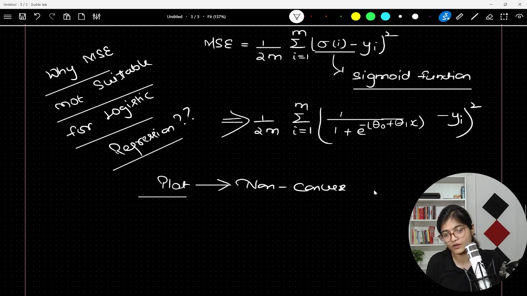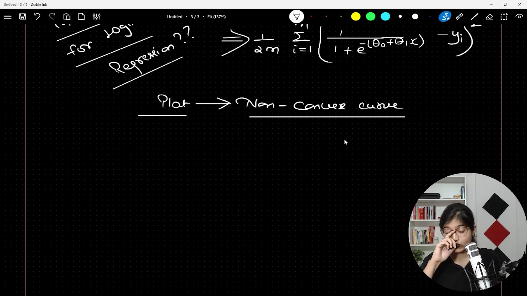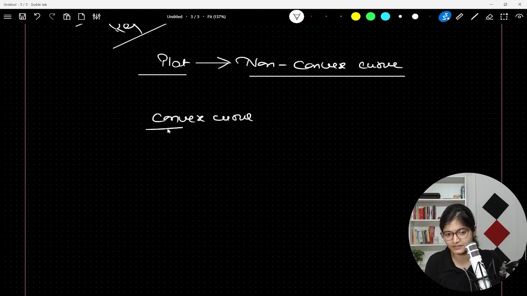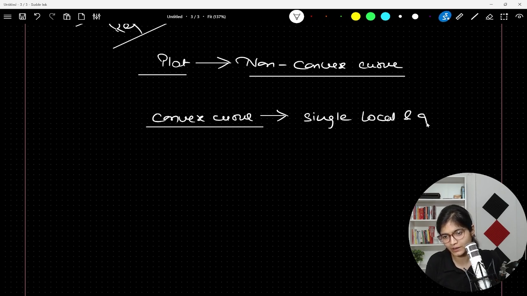Now, what is the meaning of a convex curve and what is the meaning of a non-convex curve? When I'm saying convex curve in mathematics, the simple meaning is that we will have a single local and global minima. That is the literal intuition behind the convex curve.